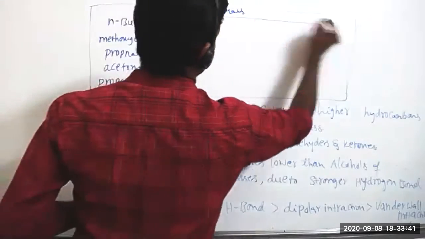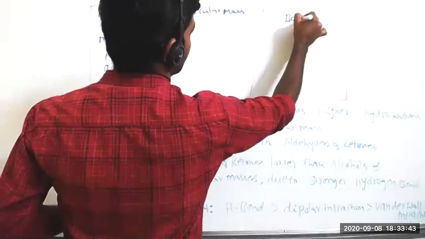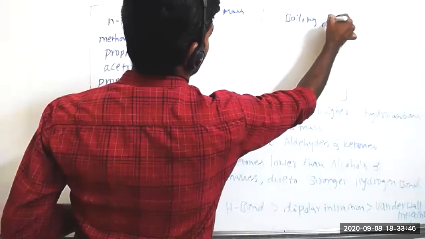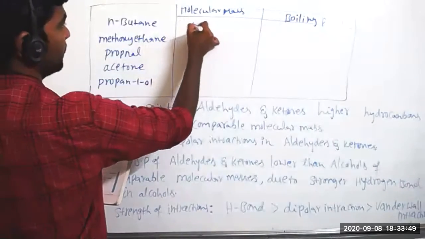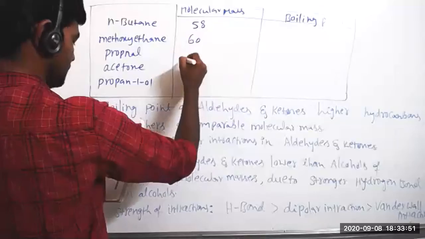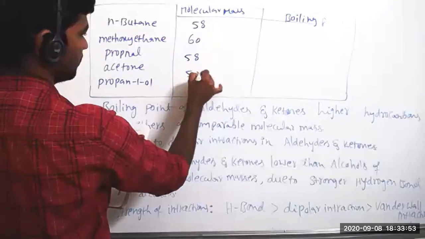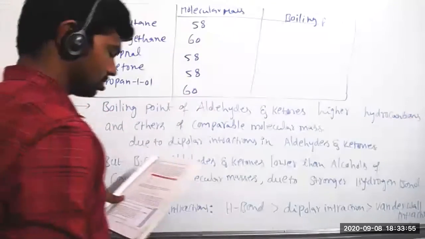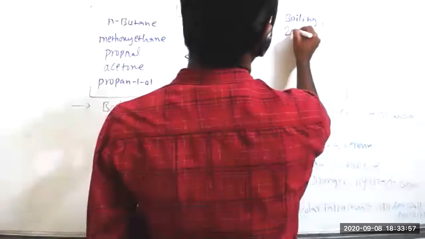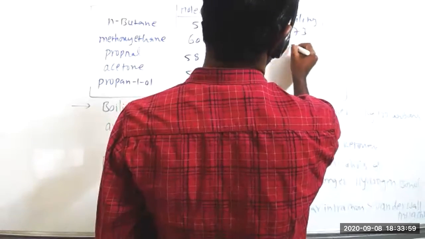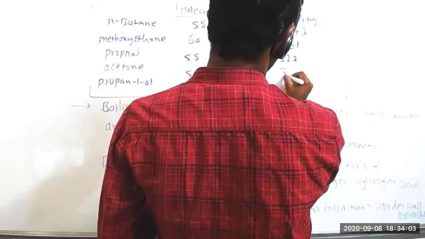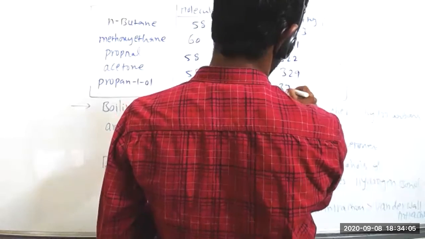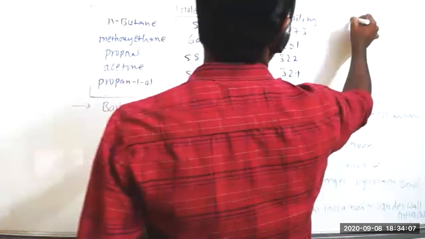Molecular mass and boiling point. n-butane 58, 60, 58, 58, 60. Boiling points 273, 281, 322, 329, 370 kelvins.